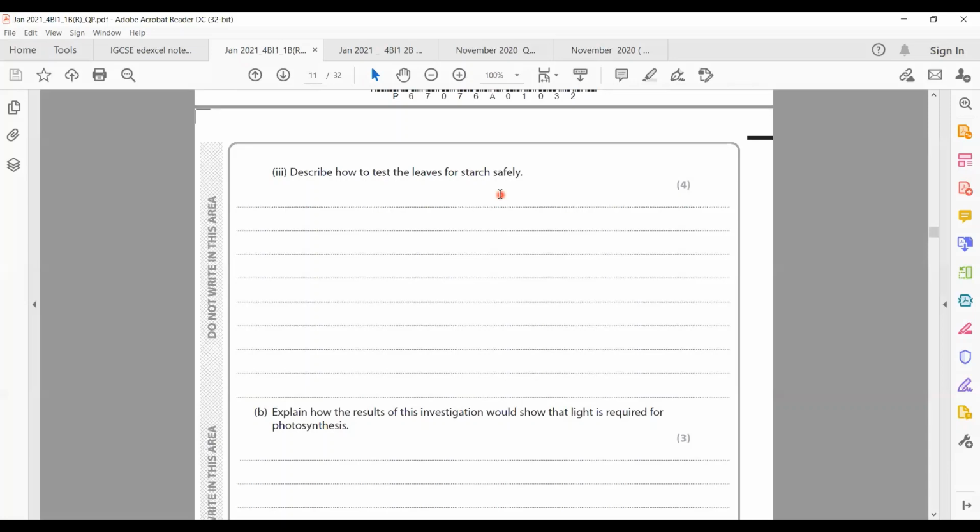And there is a very important risk. Do you know it, Dimas? For example, there are two precautions we should take: the water bath, and we do not boil the ethanol under a naked Bunsen flame, because the alcohol is flammable. This is very important.